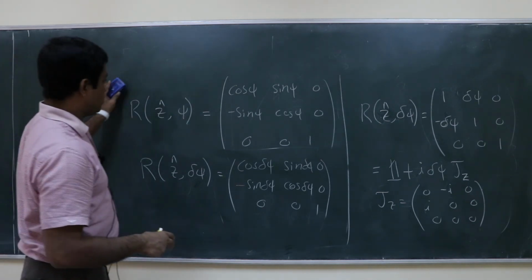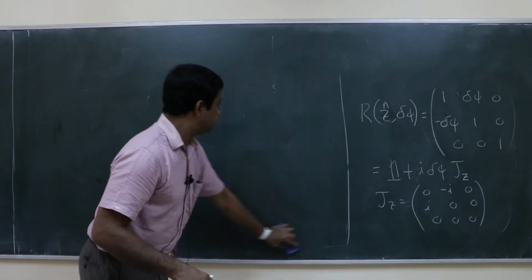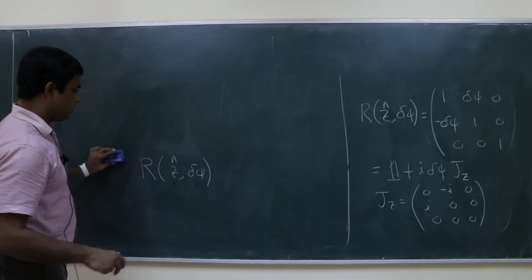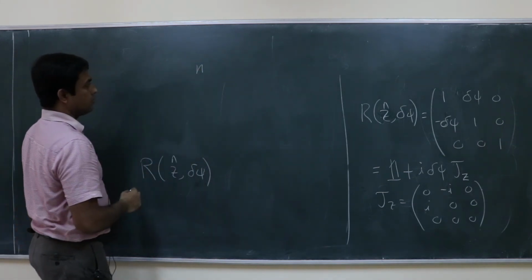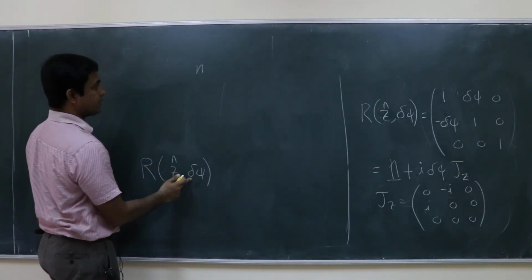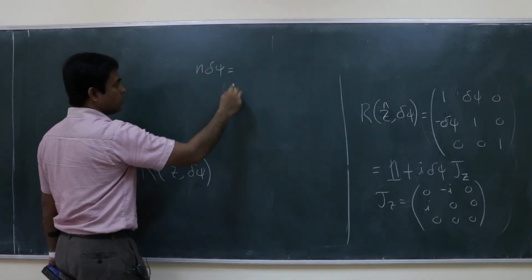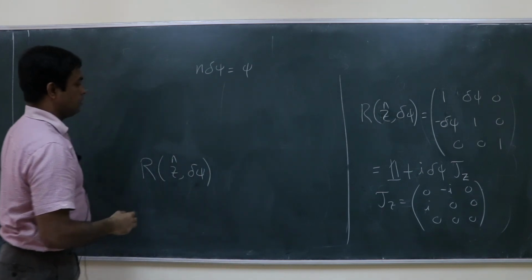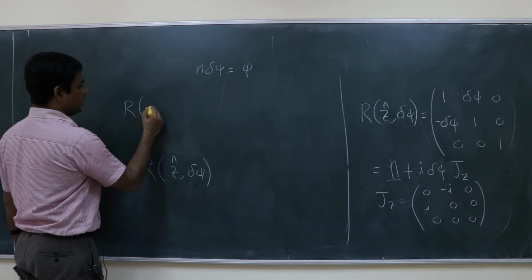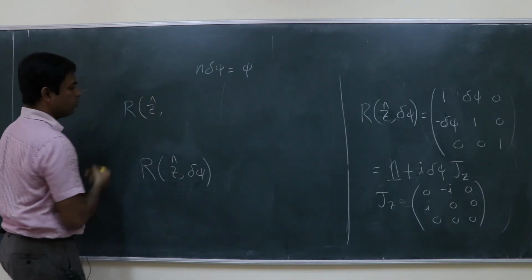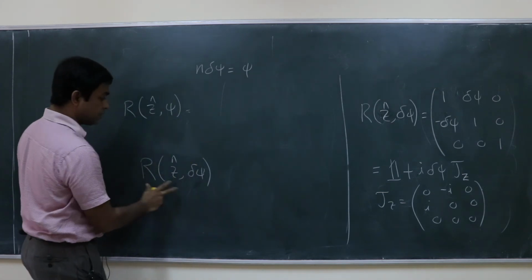Okay, so I said that you are making n infinitesimal rotations, delta psi rotation. So n delta psi is equal to psi. Then what will be R about the z axis for psi, in terms of this?